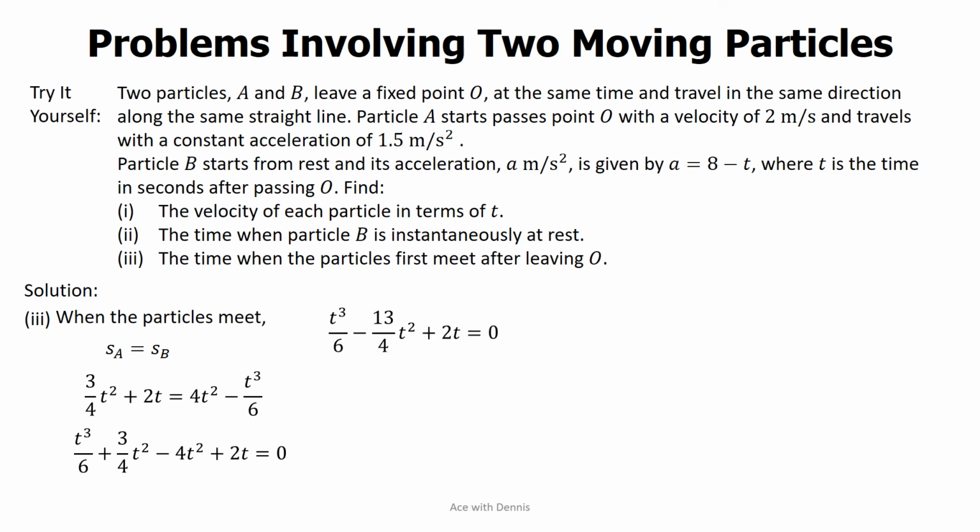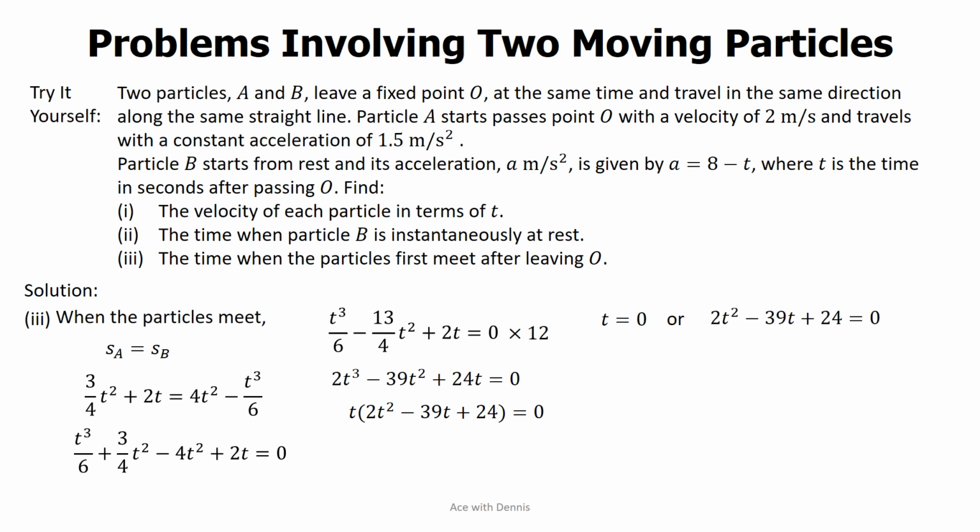Simplify, we get t cubed over 6 minus 13 over 4 t squared plus 2t equals 0. Then I multiply 12 on both sides. I get 2t cubed minus 39t squared plus 24t equals 0. Then I factorize the t. So t times (2t squared minus 39t plus 24) equals 0. Hence, t equals 0 or 2t squared minus 39t plus 24 equals 0.